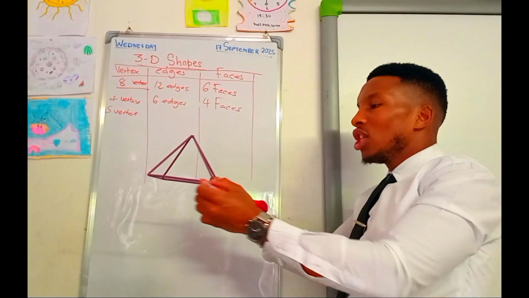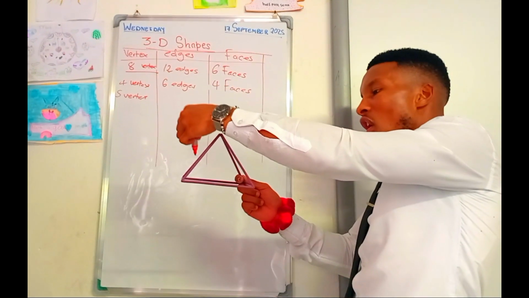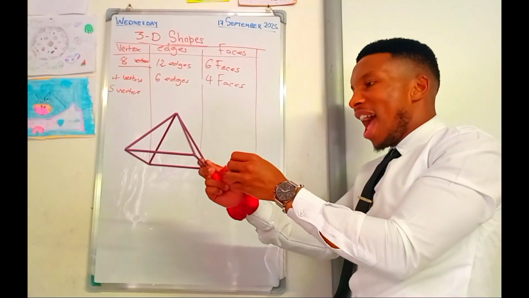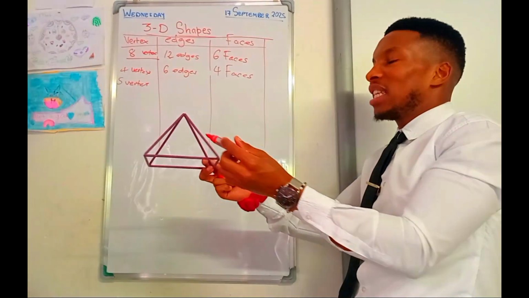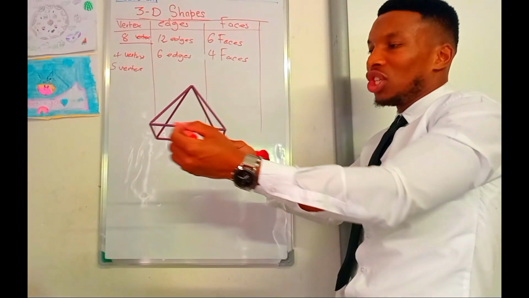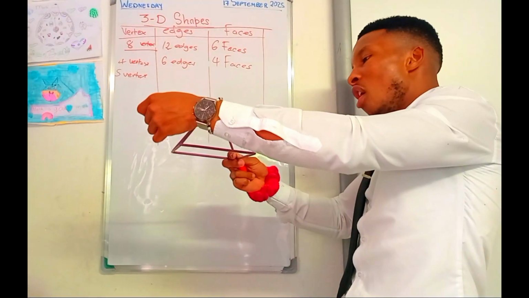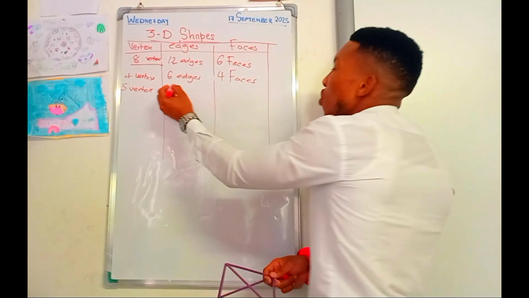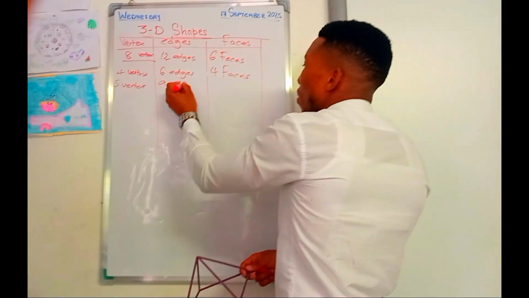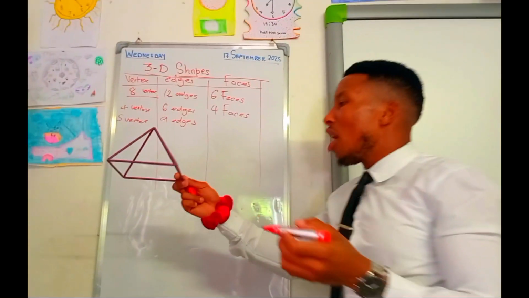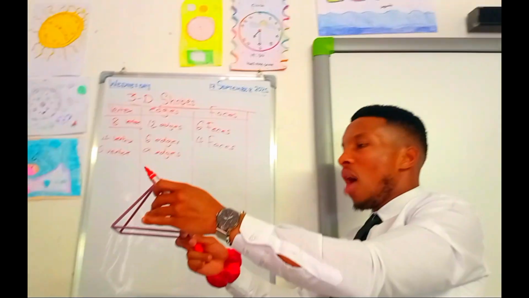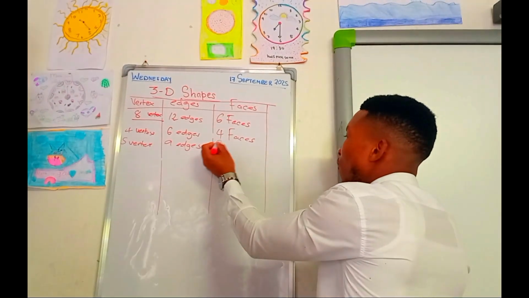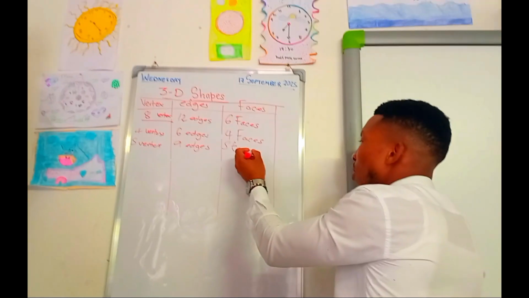Let's start again. We have 1, 2, 3, 4, 5, 6, 7, 8. We have 8 edges. Then how many faces do we have? 1, 2, 3, 4, 5. We have 5 faces.